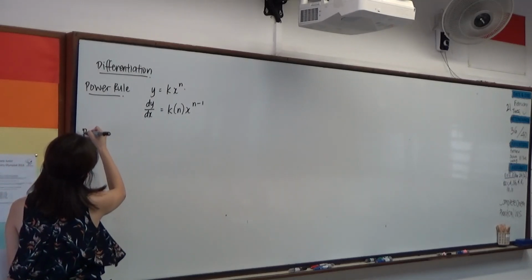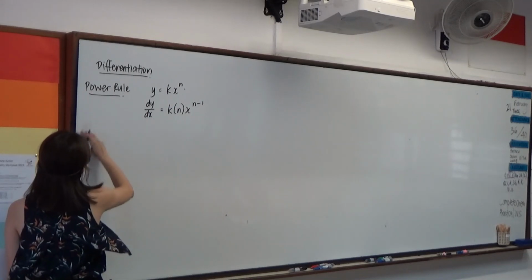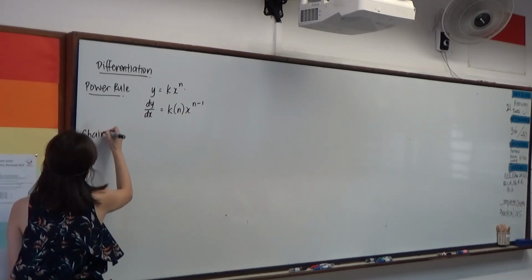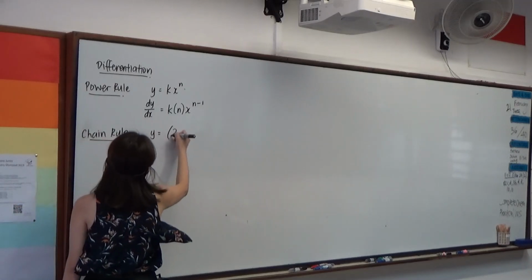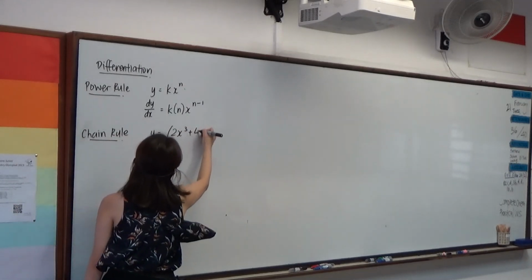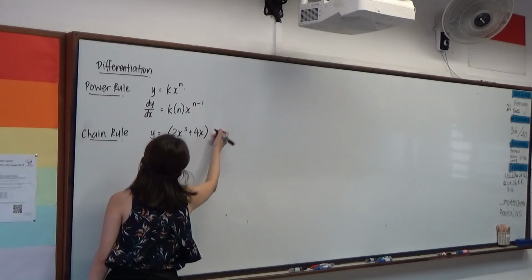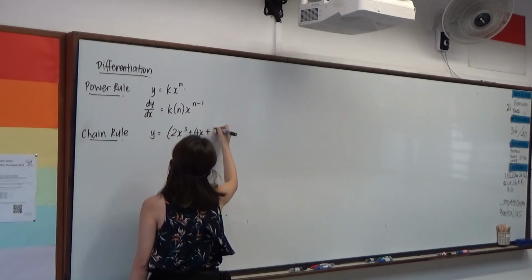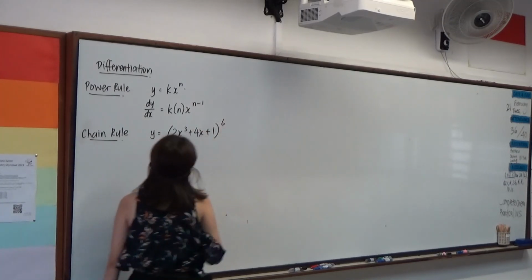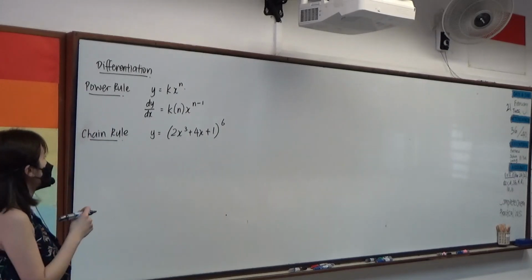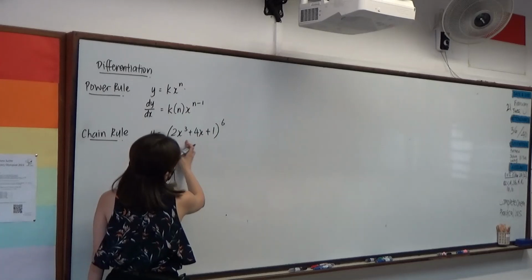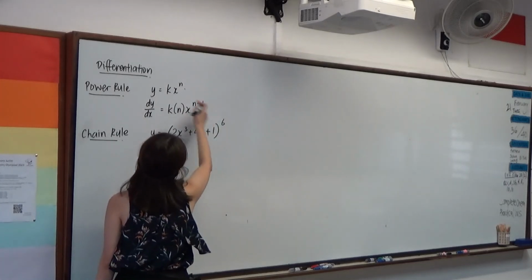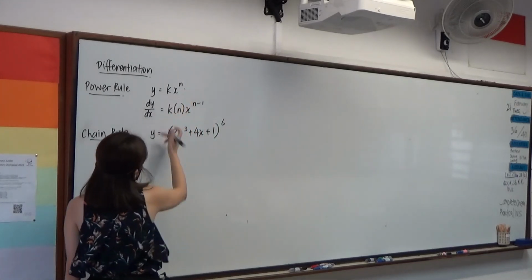Then after that we have also learned our chain rule. For example, if I have y equals 2x cubed plus 4x plus 1 to the power of 6, we have an expression that's to the power of 6, whereas over here I just have one variable only.